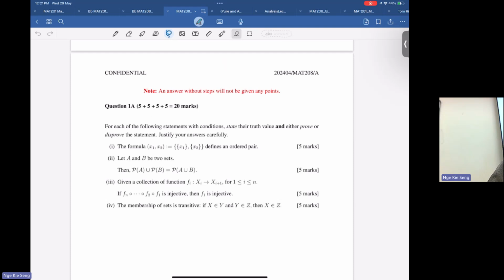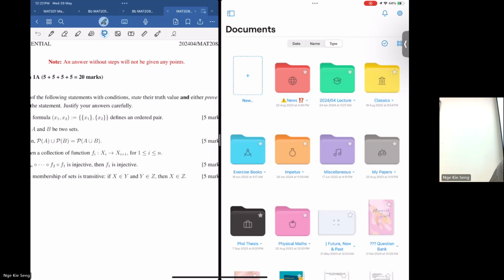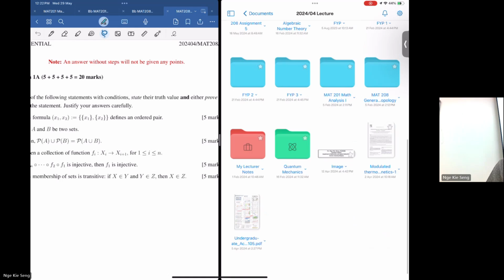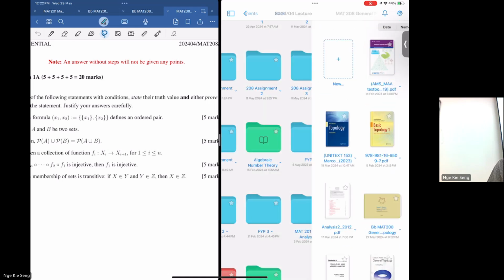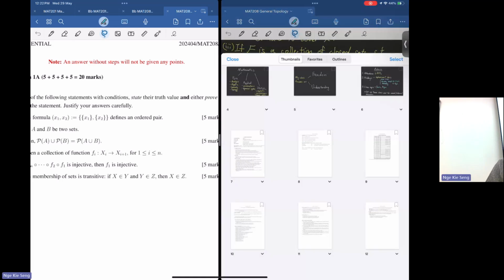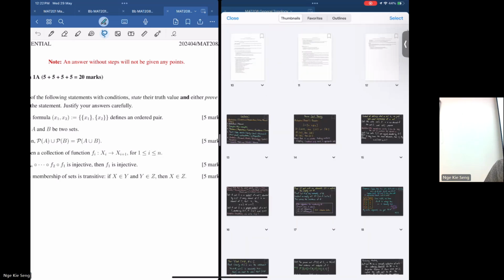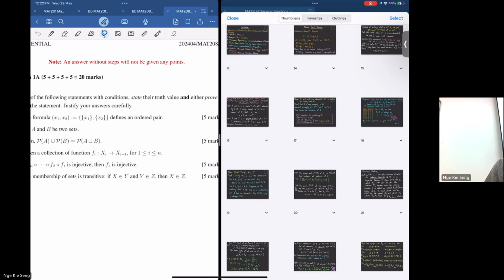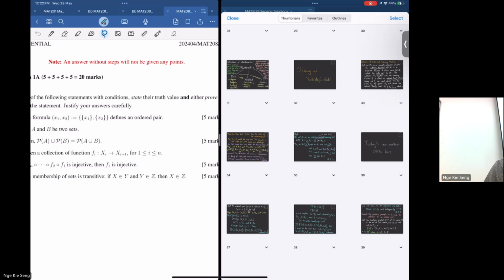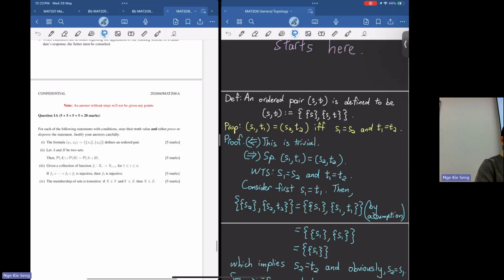Let's return, open the other notes, and go back to the very beginning where we did ordered pairs. Here. Can you see or not?